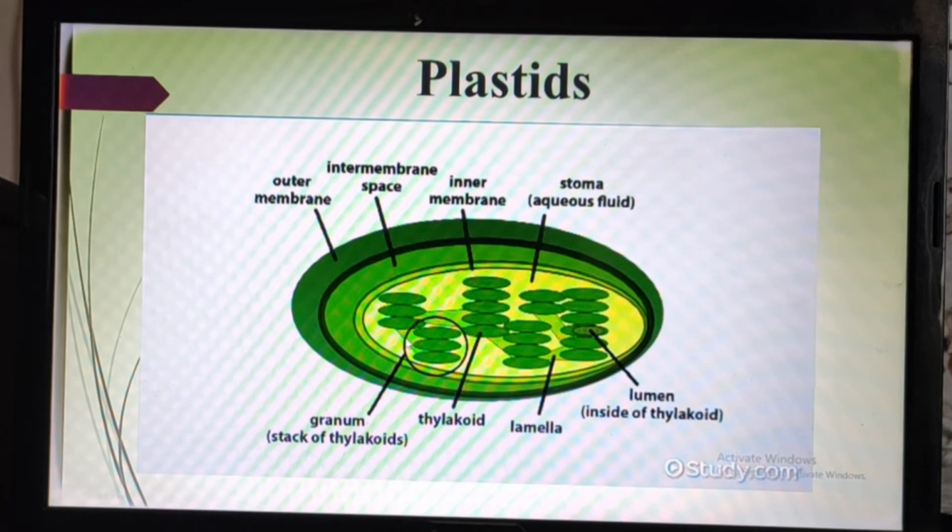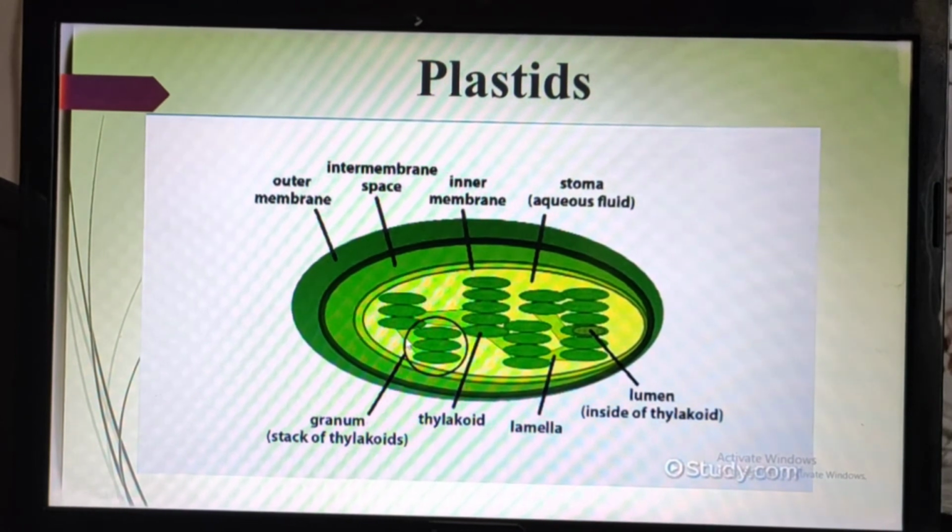This production of sugar is done by photosynthesis. We already know the chloroplast has a particular function, that is photosynthesis, and this photosynthesis occurs only in the chloroplast.